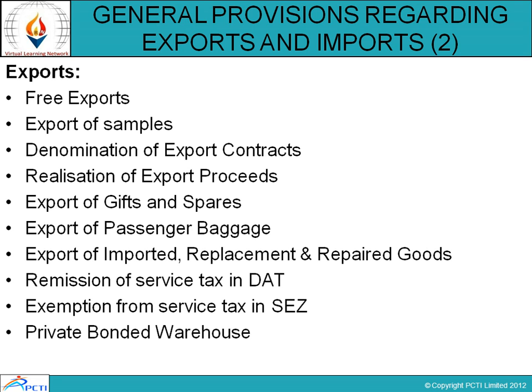That is the first concept. Second is replacement goods, which relates to goods or a part thereof, exported earlier and found defective, damaged or otherwise unfit for use, that may be replaced free of charge by the exporter.